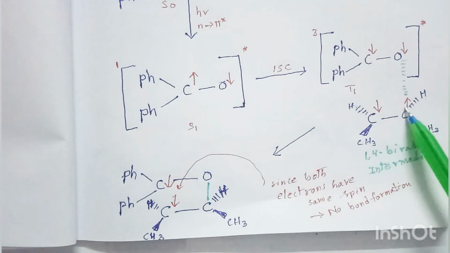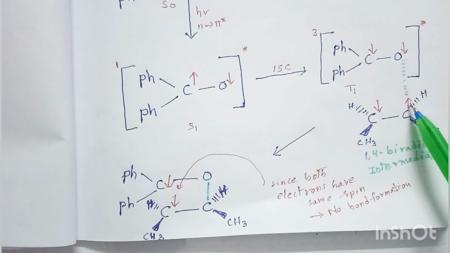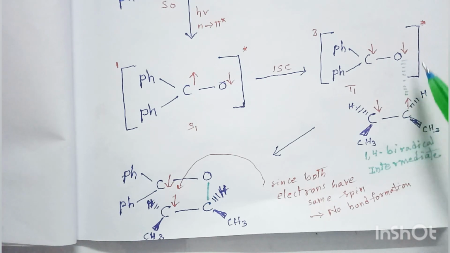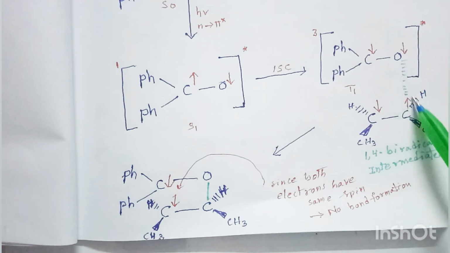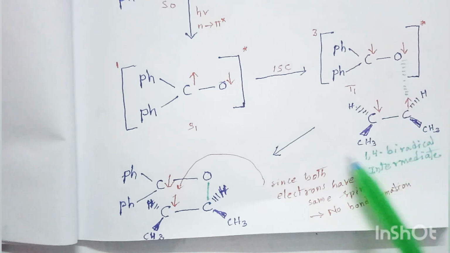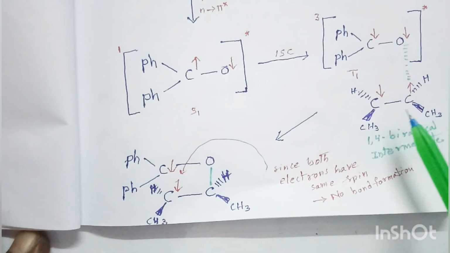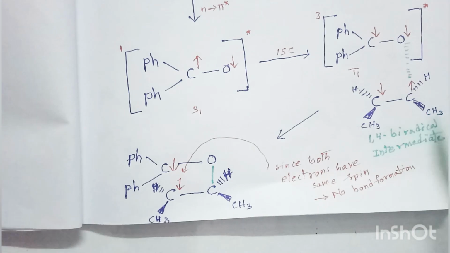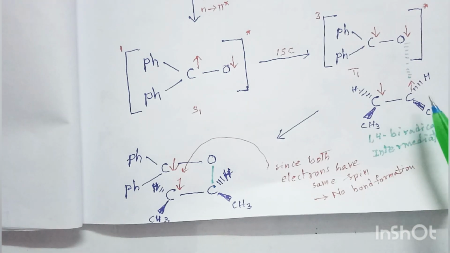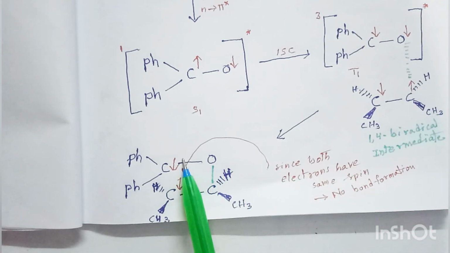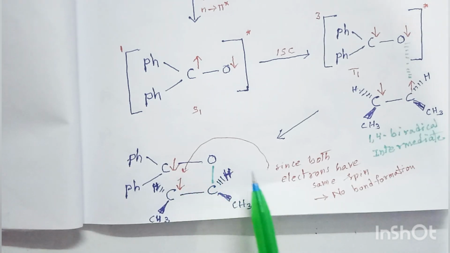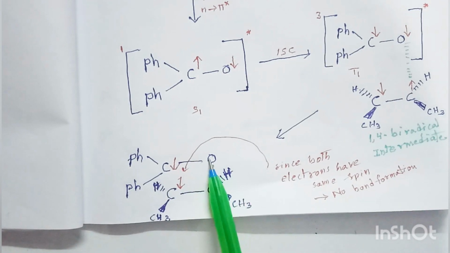This clockwise spin electron and the anti-clockwise spin electron of the carbonyl group will join together to form a bond, giving a bond between these two.